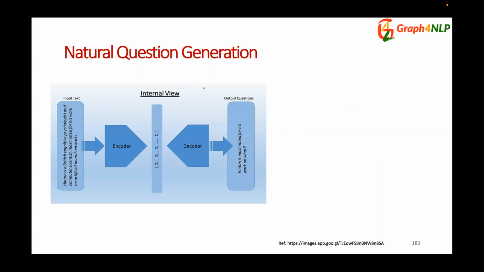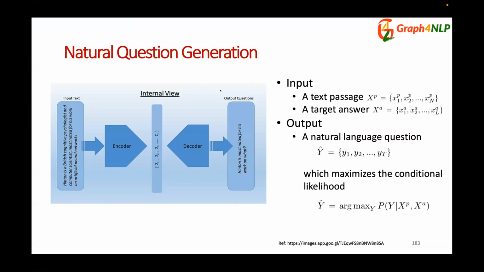The task of natural question generation aims to generate natural language questions from a passage and an answer. Ideally, the generated questions are supposed to be relevant to the given passage and the answer. The question generation task has many useful applications, such as providing training data for question answering systems.